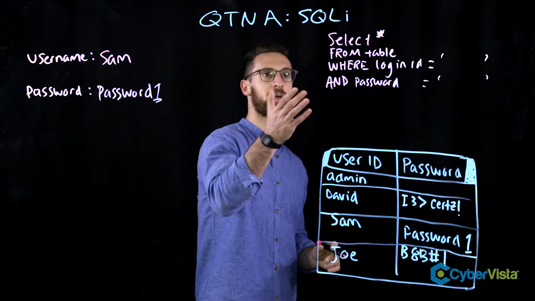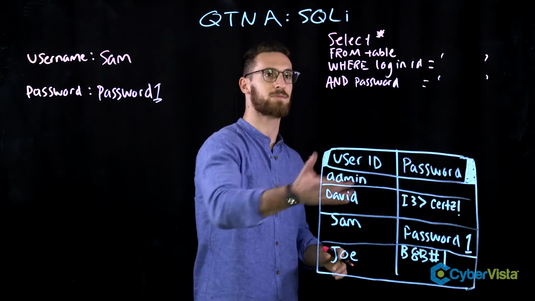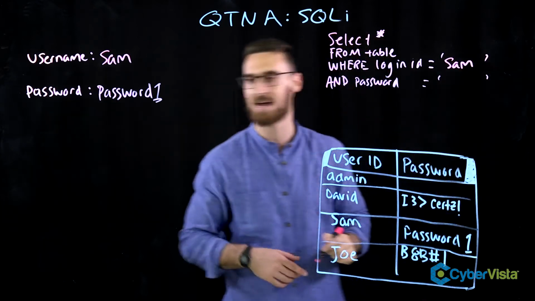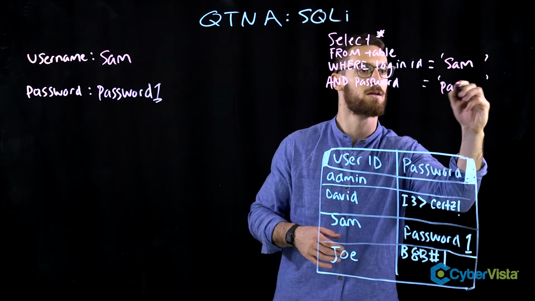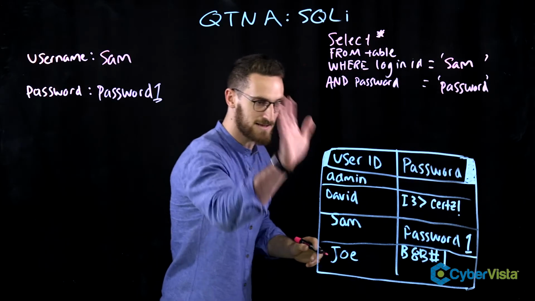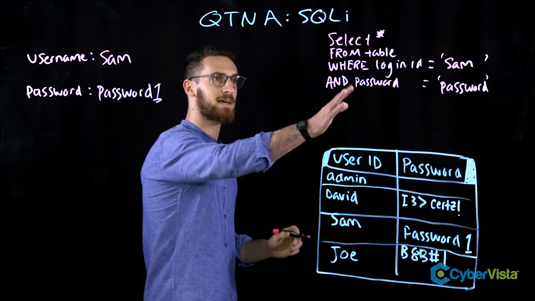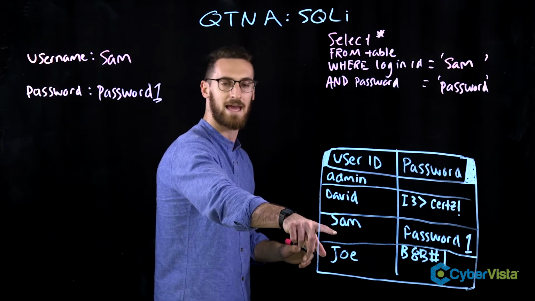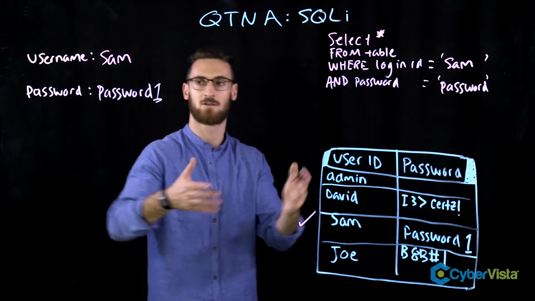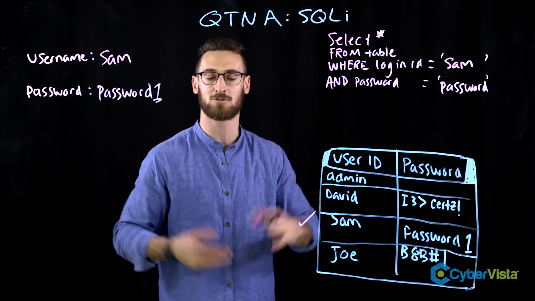We're saying: select all from this table where my login ID is Sam and the password has to be password1. The SQL database is going to look through and say, okay, is the login ID ever Sam, and does the password match password1? Yep, okay. We are then authenticated and able to log in.